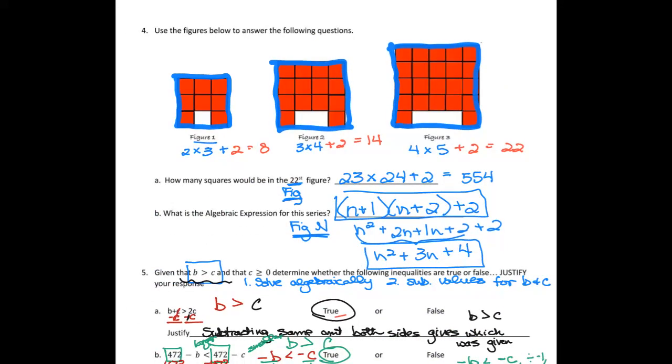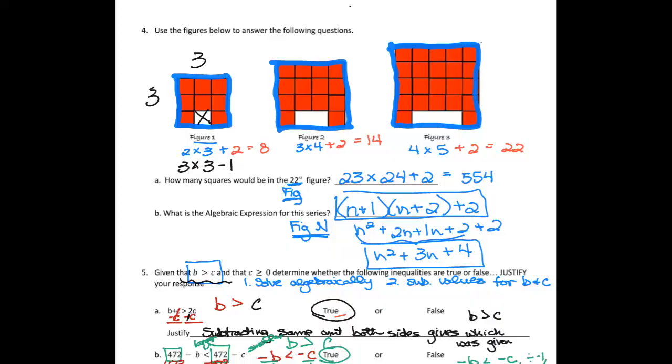So what's the length of this side if I see it as a square? A 3 by 3. I'm going to do this underneath. A 3 by 3 and then minus 1.